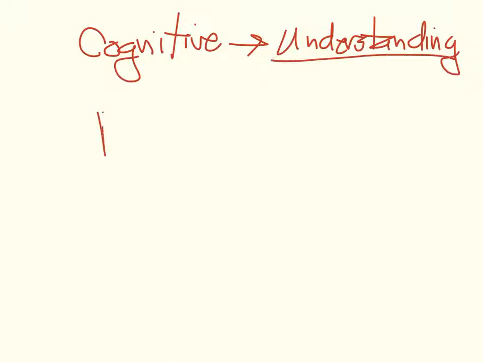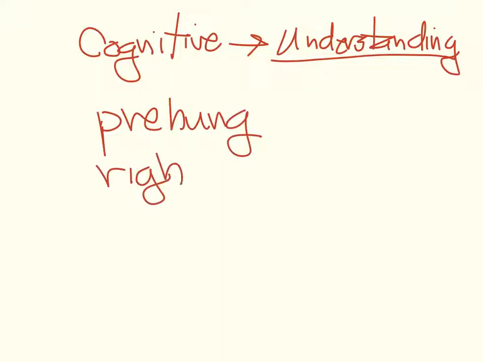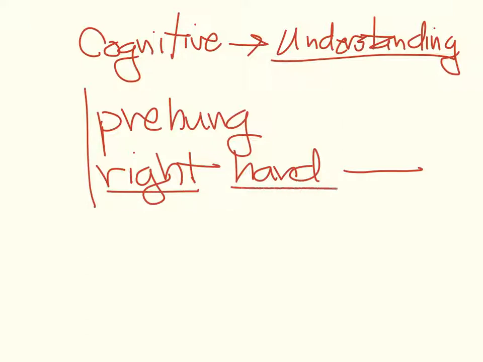They need to know what pre-hung means, and they need to know right hand opening. I don't even know for sure what you call it. I know when I look at doors for my house, I always have to double check and think, okay, or when we were building back on the farm, which way does it open? But these are cognitive skills.